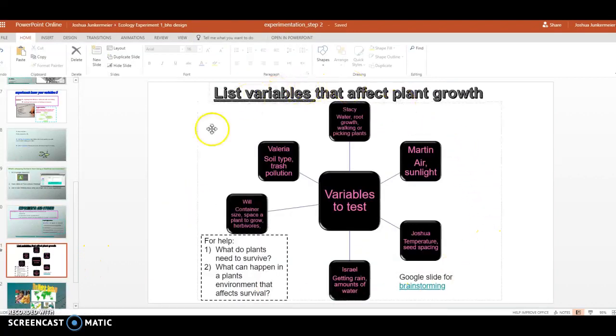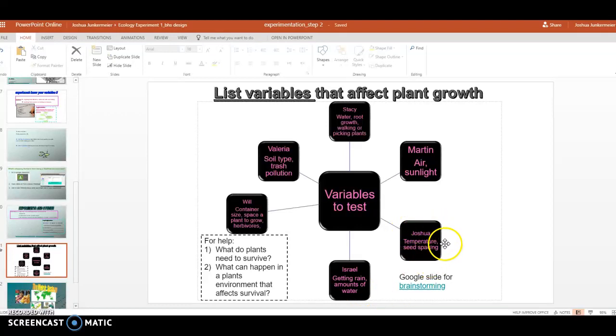Here was some planning of past students I had a long time ago, and they came up with different variables that they thought were important to study or to test in an experiment. So the student Israel thought, the amount of rain probably plays a role in our environment and affects the health of our environment.